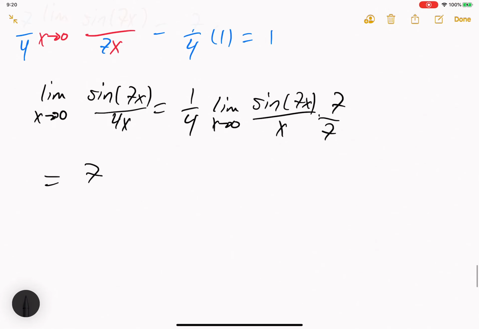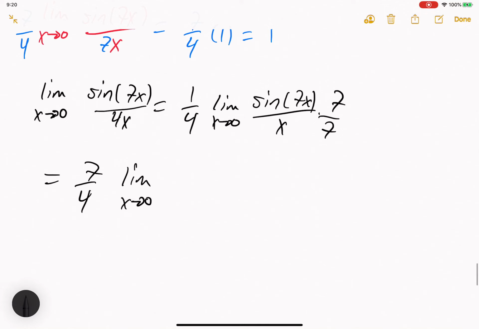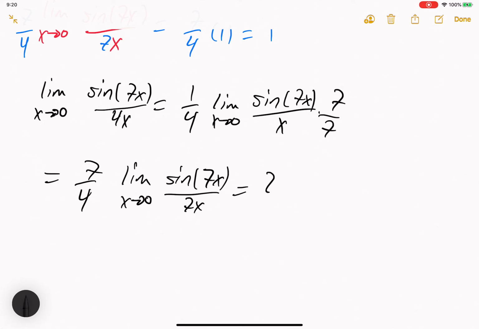So it's going to be 7 over 4 times the limit as x goes to 0 of sine of 7x divided by 7x. That's equal to 1, it's not goes to 1, it's equal to 1 instead. So we just get 7 over 4.